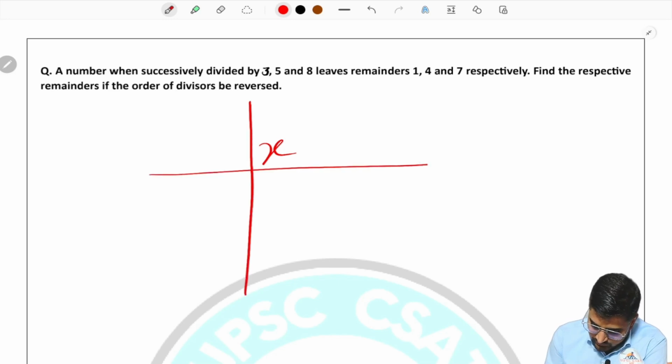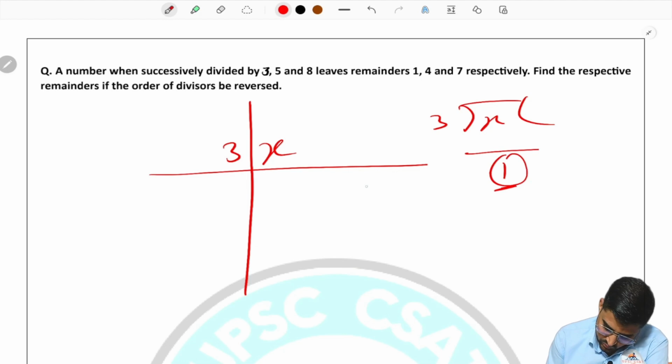When we divide x by 3 first, it gave remainder 1. Now some number will come here, for example we will say it y.